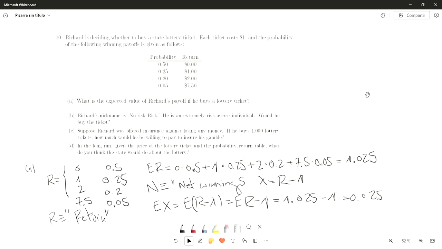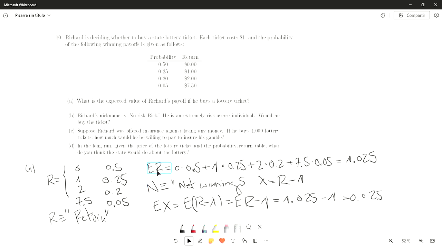If we define the return as the random variable R, R can be 0 with a probability of 0.5, 1 with a probability of 0.25, 2 with a probability of 0.2, and 7.5 with a probability of 0.05.